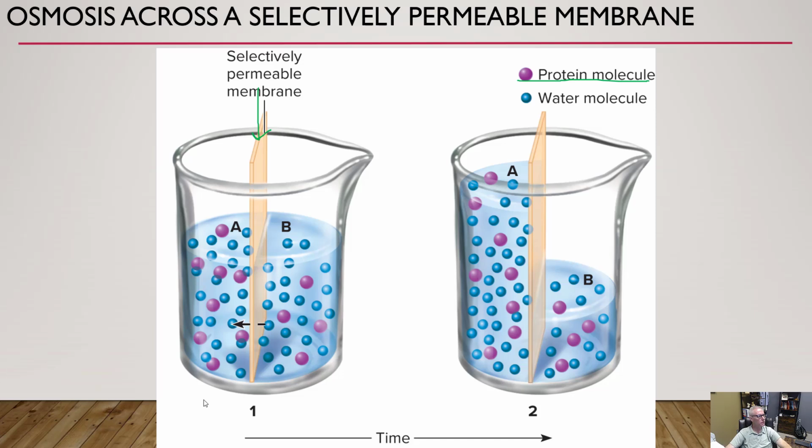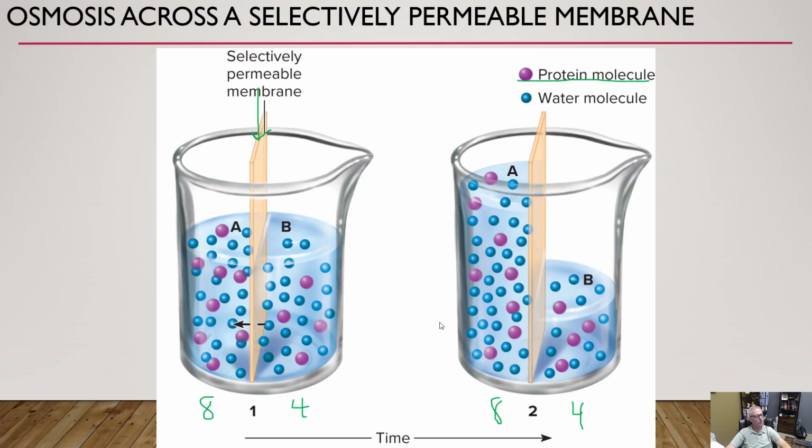So over here, if you count up the purple balls, we have 8 purple balls and 4 purple balls. Here we have 8 purple balls and 4 purple balls. So our ratio between 8 and 4 is still going to be the same.